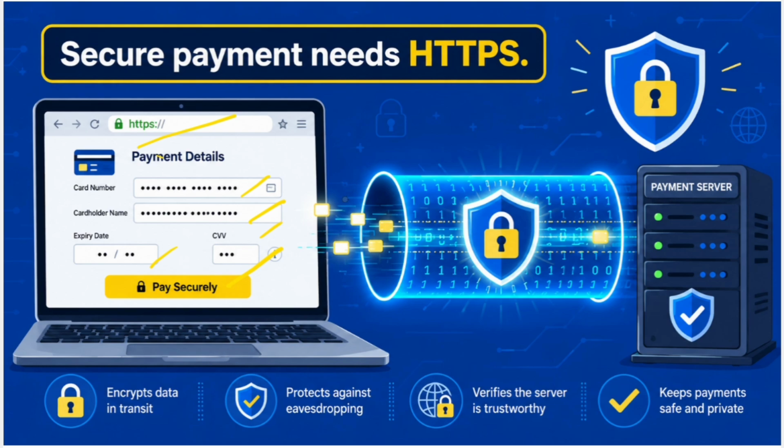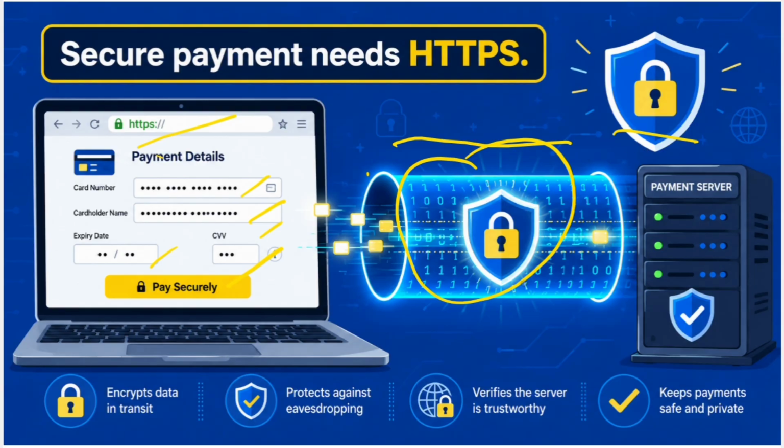But again, hiding the details on the screen is not the same as protecting them on the internet. Real protection comes from HTTPS. The payment data moves from the laptop into an encrypted tunnel. Inside the tunnel, it becomes protected and coded.